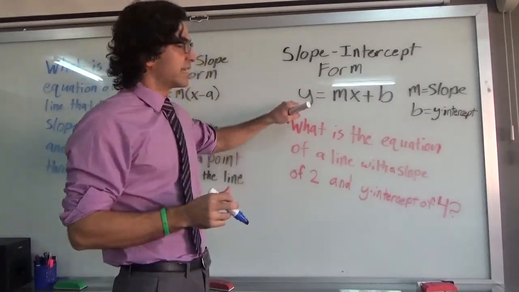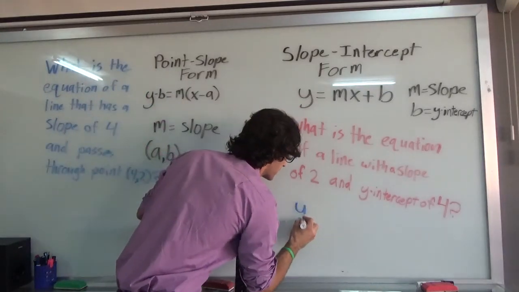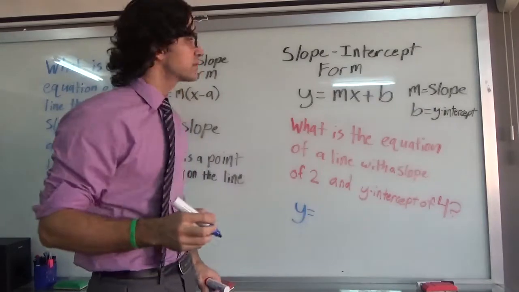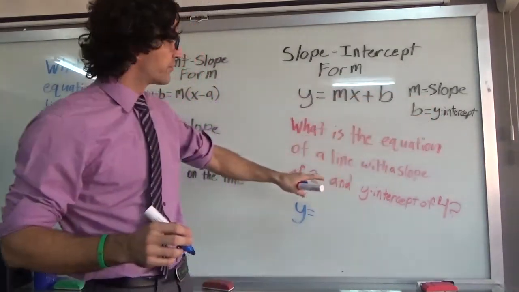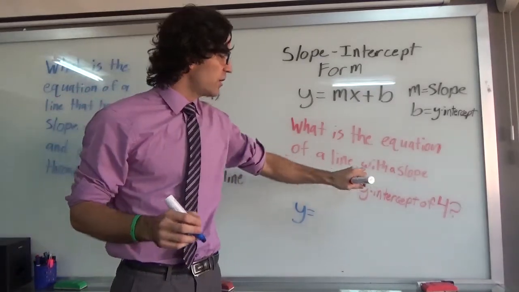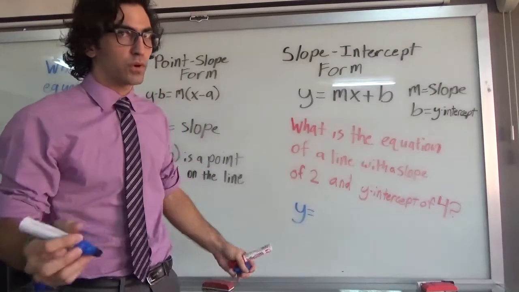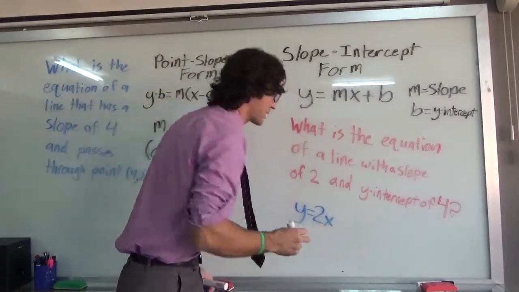So we're going to keep y how it is. Y equals m, where m is the slope. So I'm going to find where it says the slope. The equation has a slope of 2. So we're just going to write 2x.